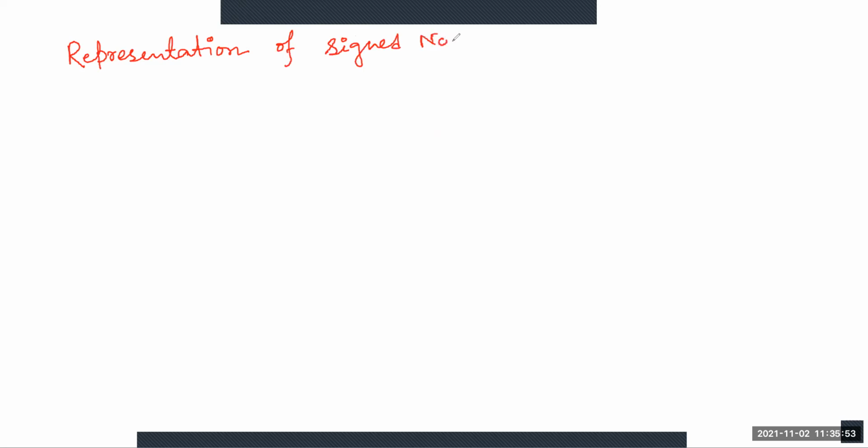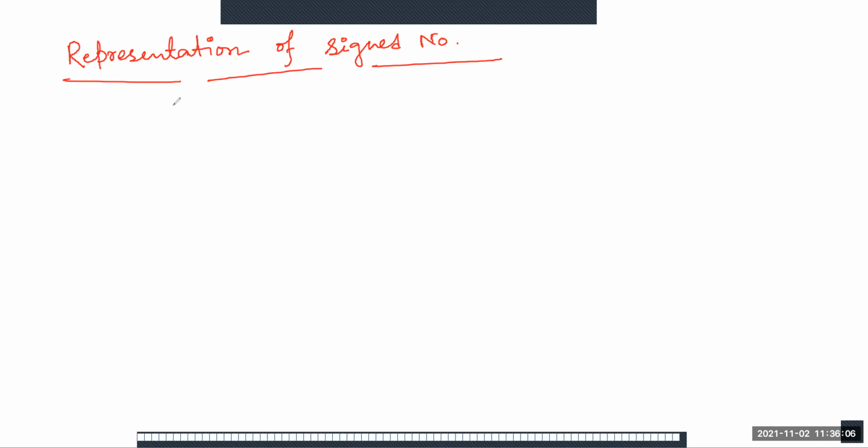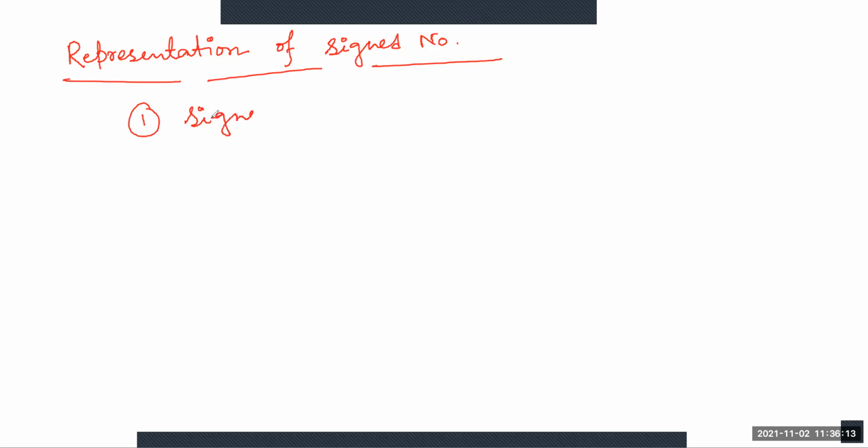First of all, for representation of signed number, there are two methods. First one is that sign magnitude representation.